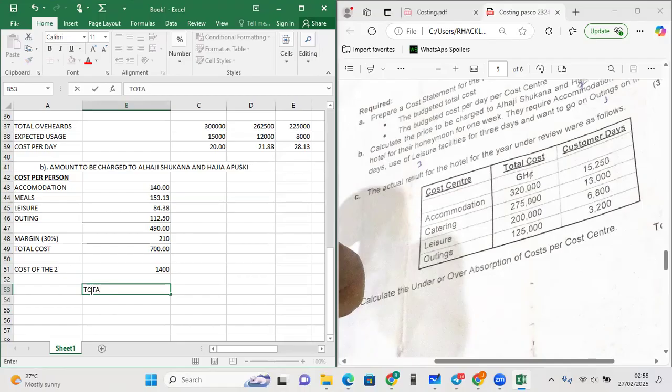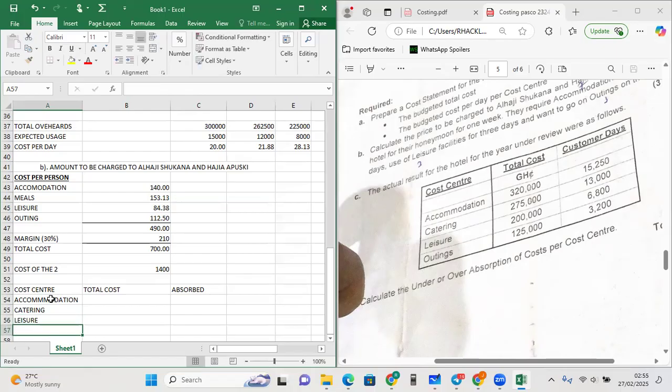Total cost, customer rate, absorbed. We have accommodation, we have meals, we have leisure, we have outing.